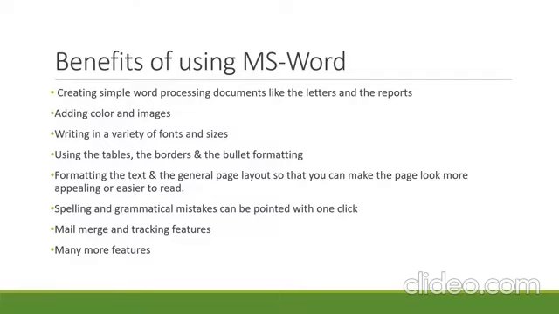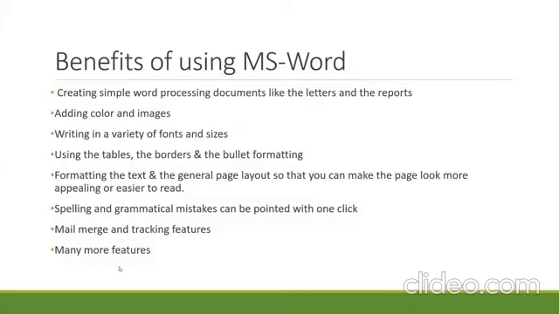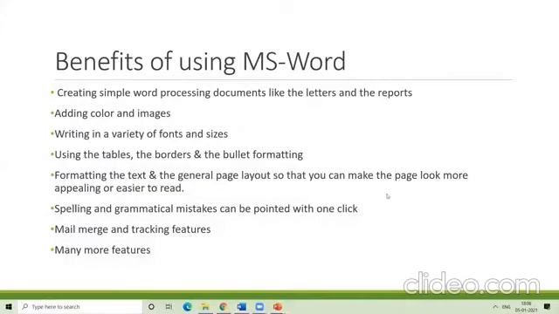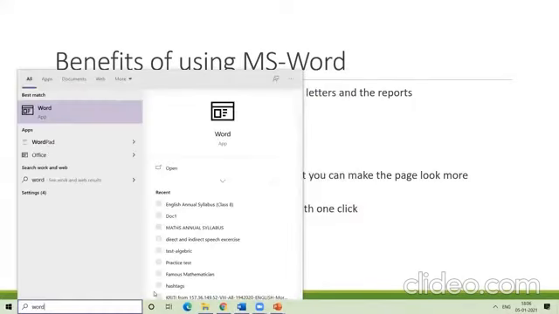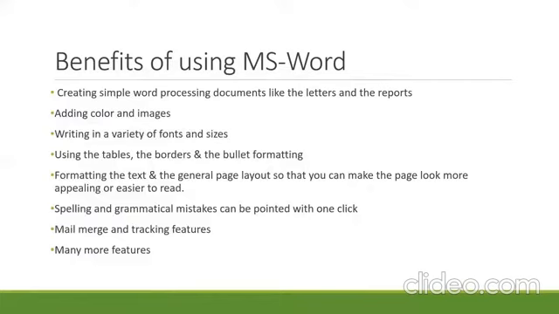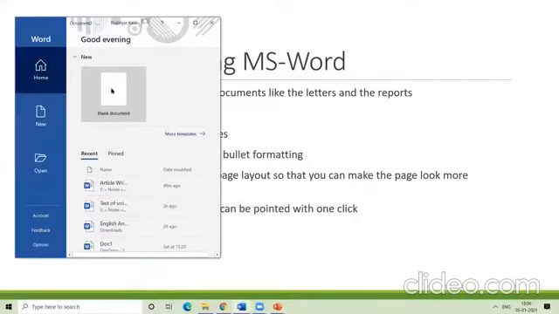So starting from the first one, how we will start, I'm stopping this share and directly coming to it. If we have to start with Word, we just type Word. This screen will appear. There are two options.